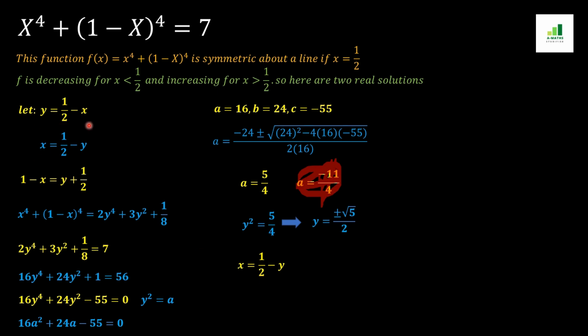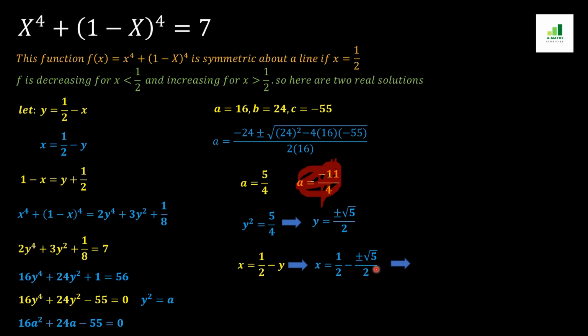When we replace y, we should get x = 1/2 minus plus or minus root 5 over 2, because 1/2 will remain the same inside this equation, but y will be replaced with this value.